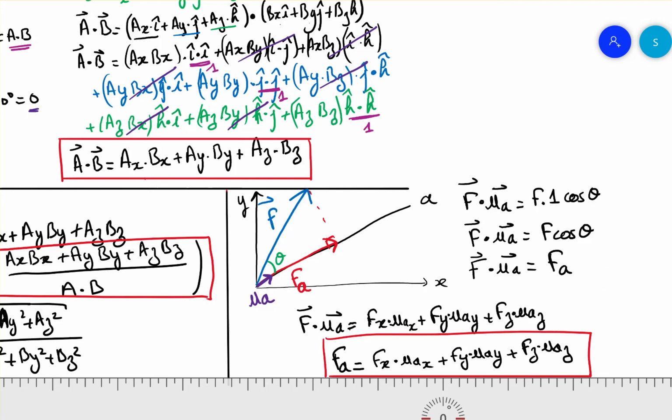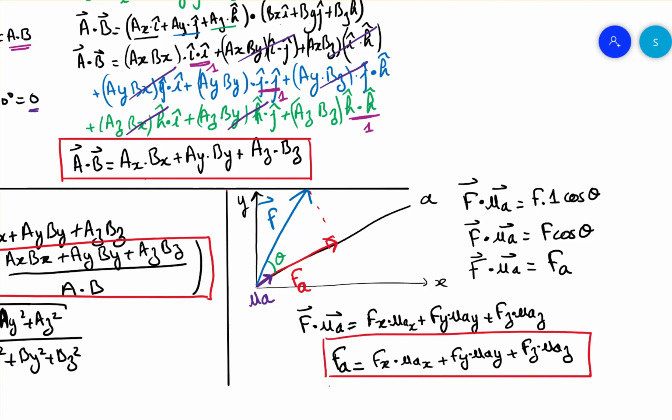And one last thing, if we have FA, so that's this component there, and now we want to find the other component, let's call that FB. It could be FB. You will see in your lecture also, this one is called F parallel, and this one is F perpendicular to the axis.